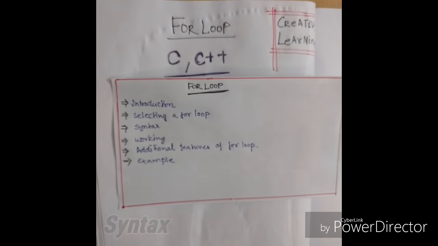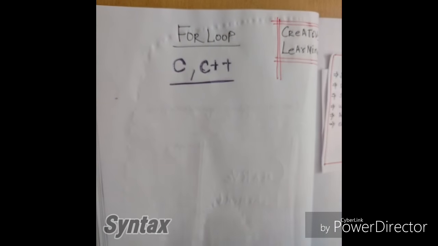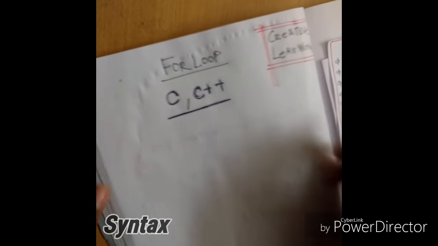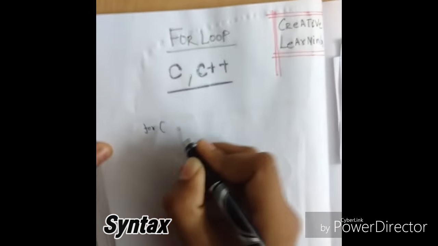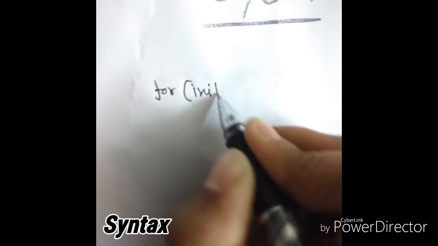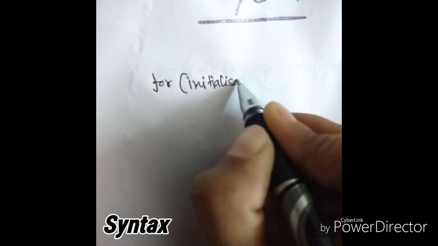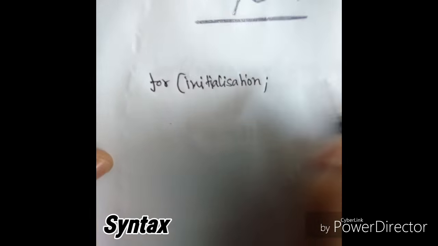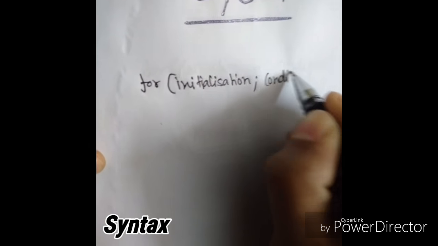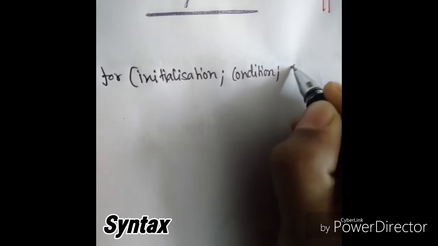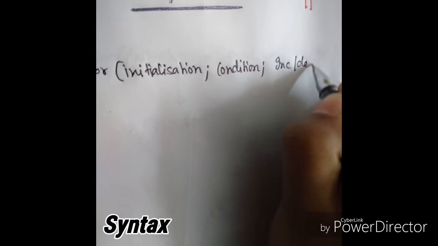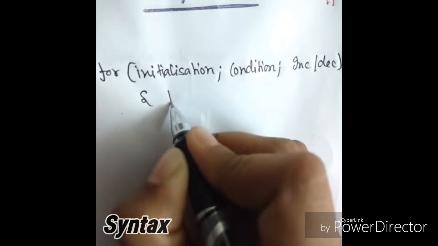Now coming to the syntax of for loop, here we have the syntax of for loop. For, initialization, condition, increment, decrement, and its body.